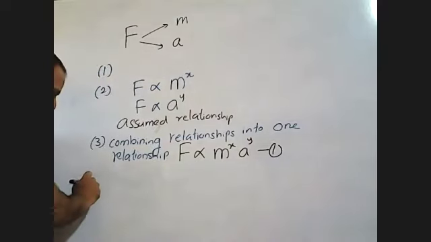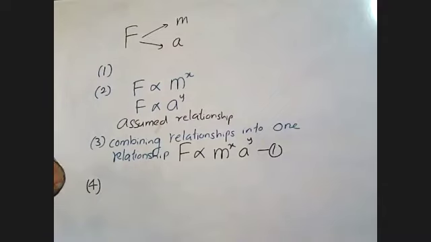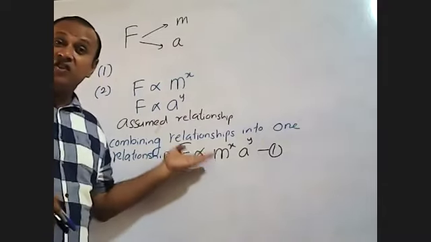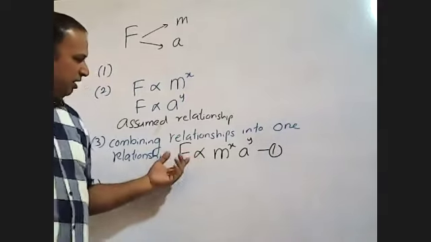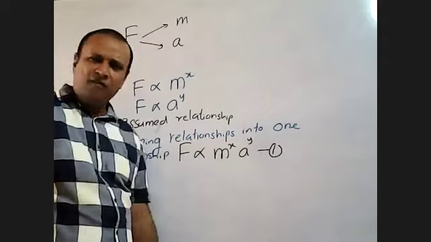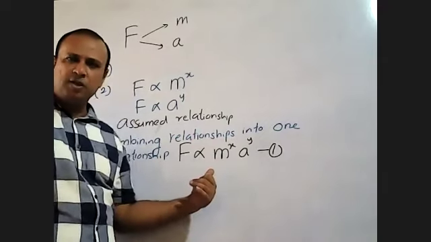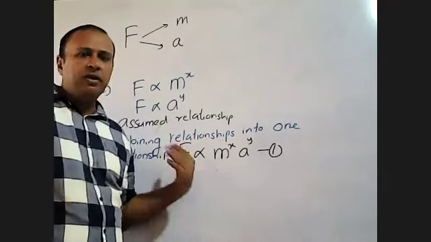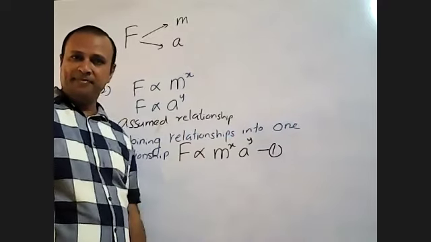Then, the fourth step. Actually, if it is a relationship, I cannot find x or y. This is just a relationship. I cannot do any mathematical operation on a relationship.